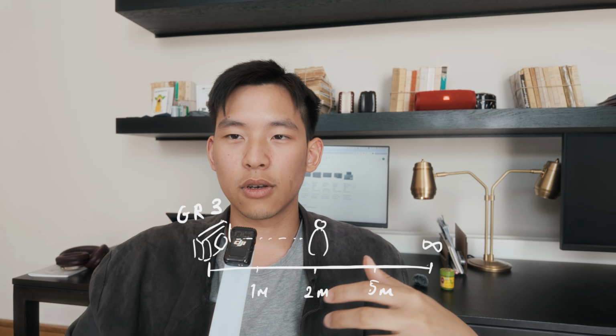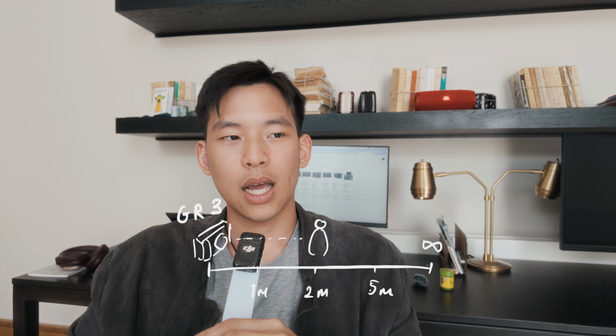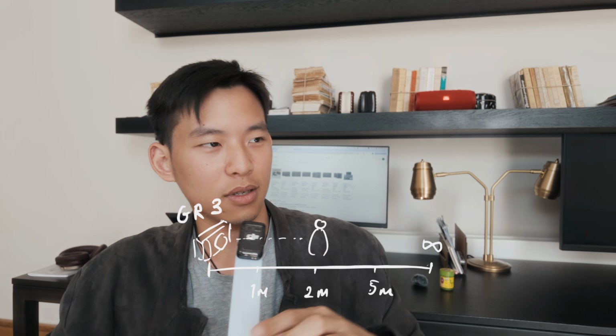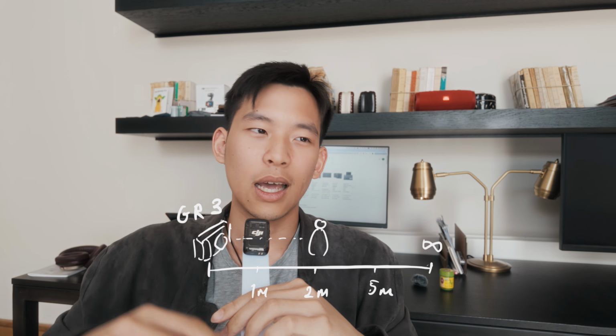For example, if I walk past a person that I want to capture, I would normally select 1.5 meters or 2 meters, and when I walk past that person and I judge the distance 1 to 2 meters, I press snap, and then everything within 1 to 2 meters in general will be in focus. And this is given that you use an f-stop of about 5.6, f8, f11. I'm sure your subject will be in focus.